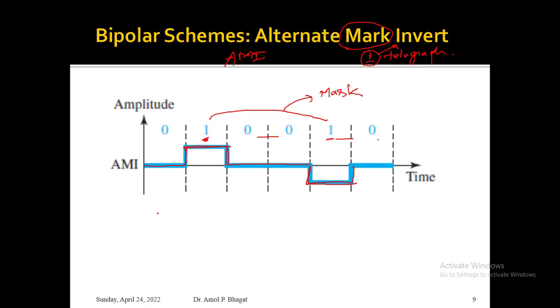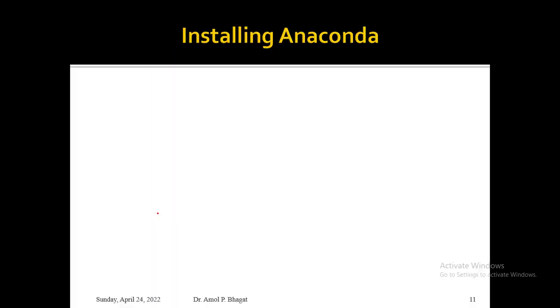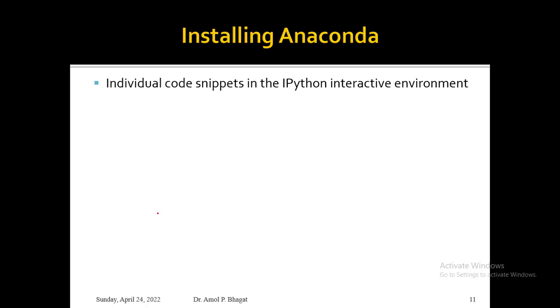Now let's see next how to set up the Python environment for carrying out the implementation of line coding schemes with Anaconda. So specifically, what is Anaconda? It provides various features. You can execute an individual code snippet in the IPython interactive environment provided by Anaconda.